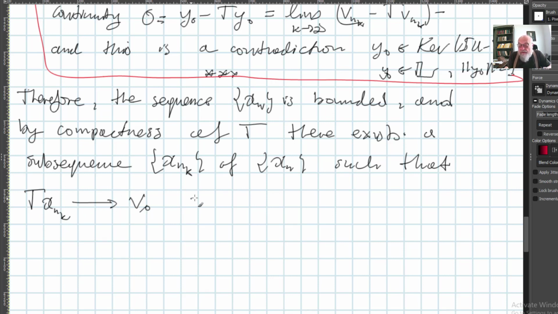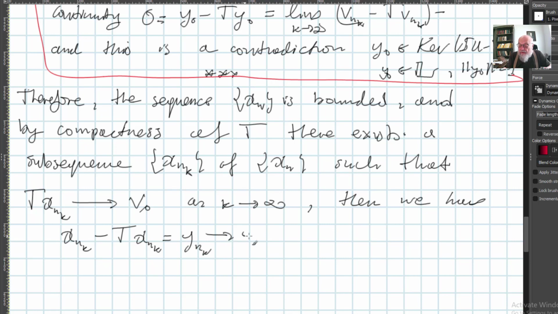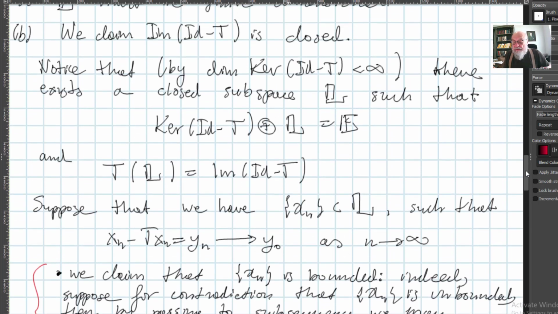Let's call the limit v0 as k goes to infinity. Then we have that x n k minus T x n k, which is equal to y n k, also goes to y0.